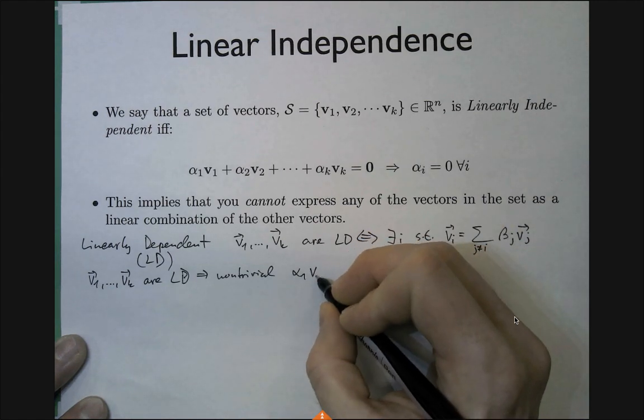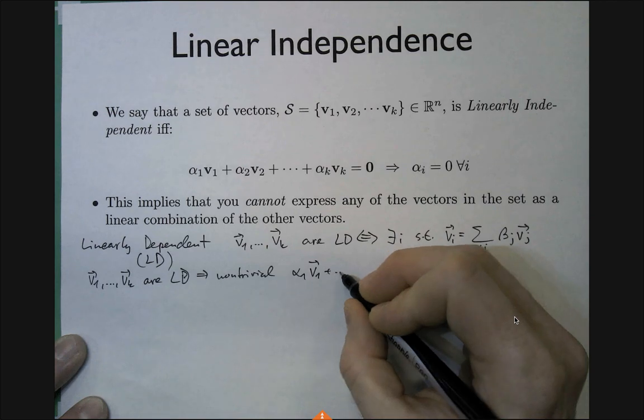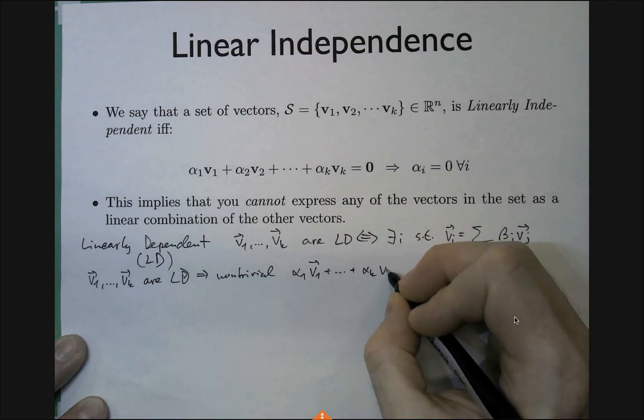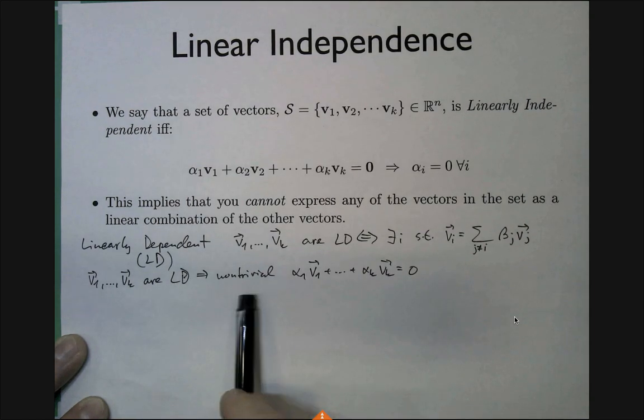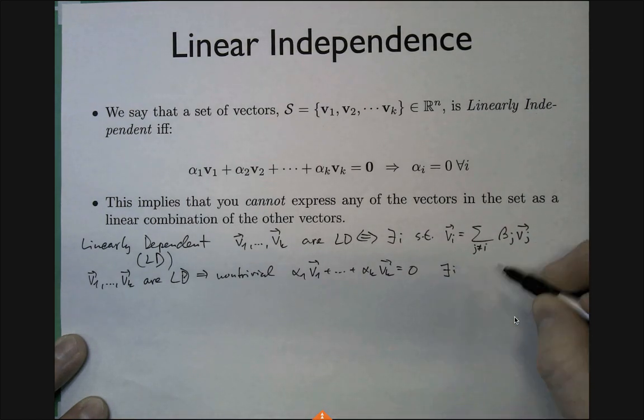Let me write it like this: alpha 1 v1 plus ... plus alpha k vk equals 0. Non-trivial means that there is an i such that alpha i is non-zero.